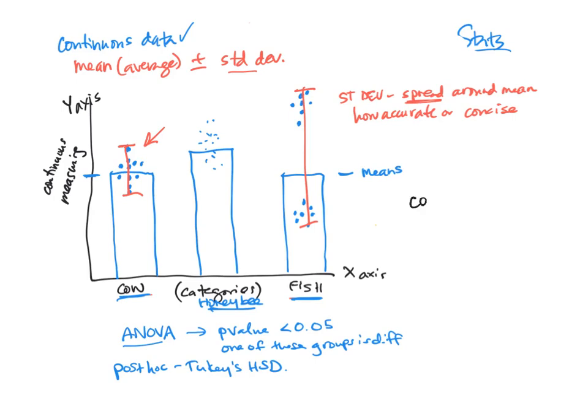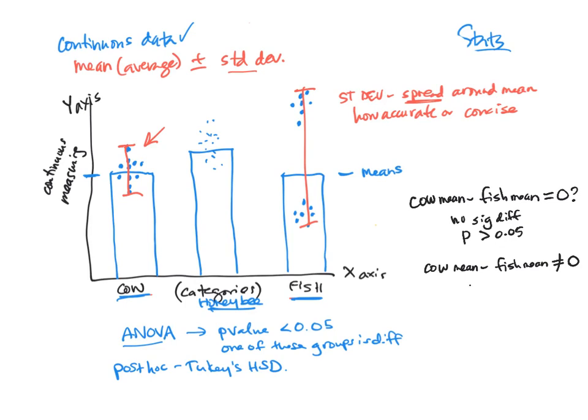For example, we could take the cow mean minus the fish mean and ask, is it equal to 0? If it is, that means there's no significant difference. We're going to get a p-value greater than 0.05. If we find that the cow mean subtracted by the fish mean is not equal to 0, that means there is a significant difference. P-value is less than 0.05.